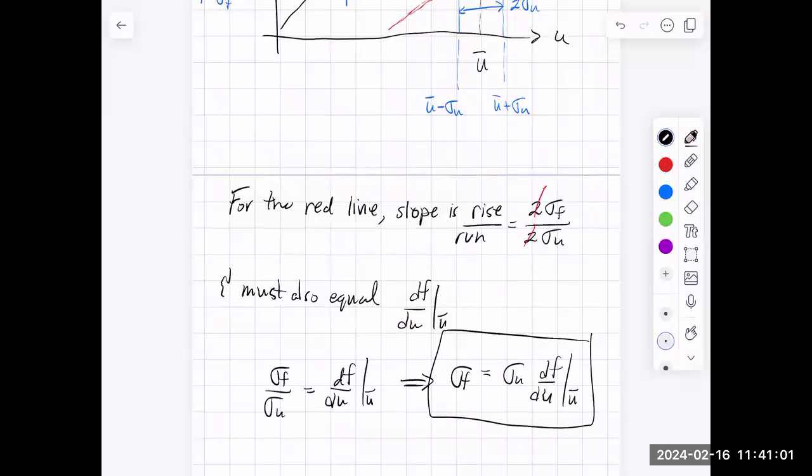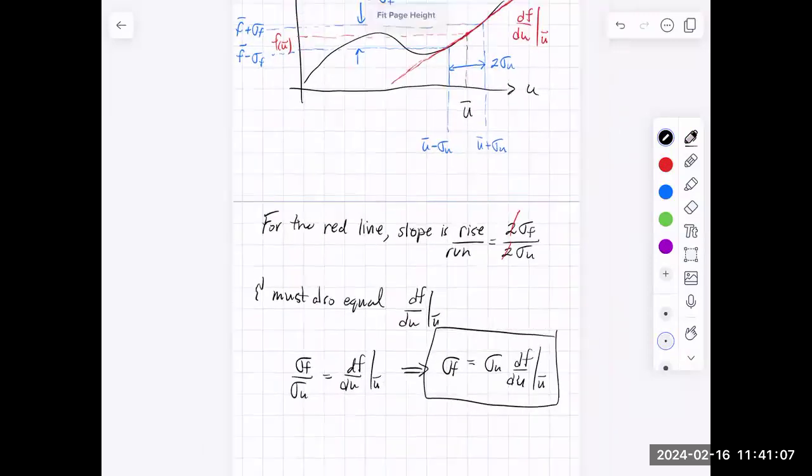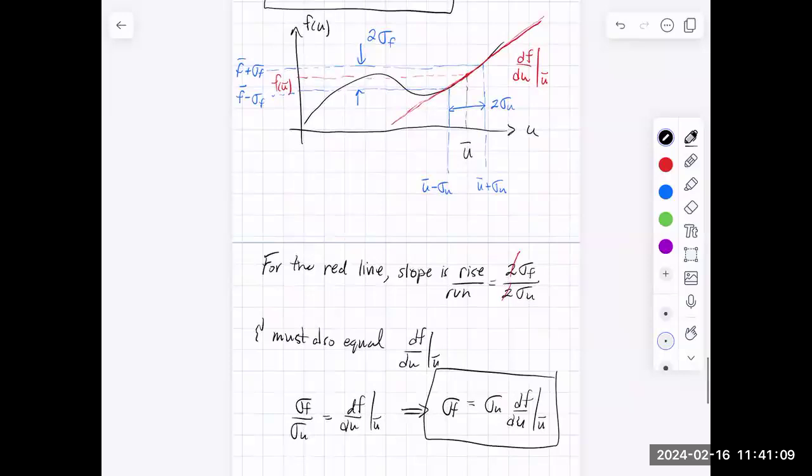And so really what the Taylor series expansion is doing, or what propagation of errors in general is doing, is assuming that our function over a small range of values can be approximated as a linear function, which makes it easy to relate changes in the horizontal variable to changes in the vertical variable.